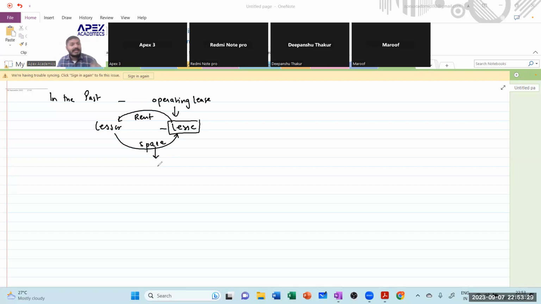What did the accounting framework identify here? The accounting framework identified that lessees are using this space as if it is their own. There is no doubt about this.